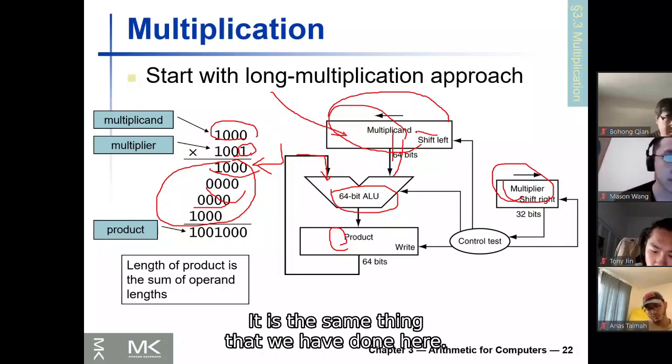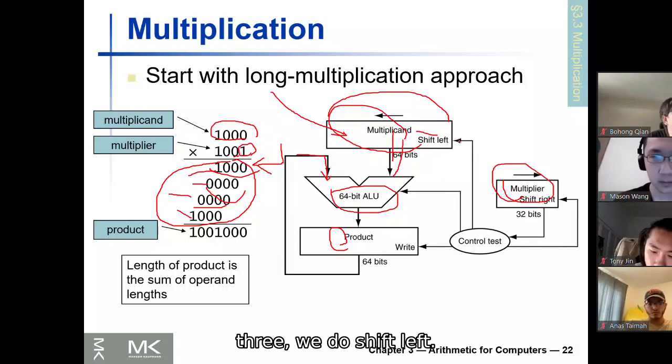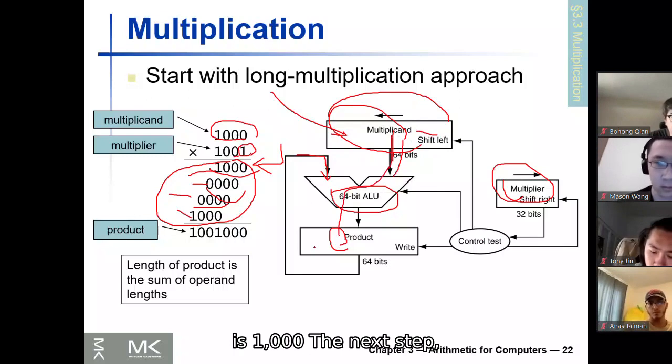It is the same thing that we have done here. So this is shift left 1, shift left 2, shift left 3. So we do shift left, and since it is 0, nothing will be added, and the product is still 1000.